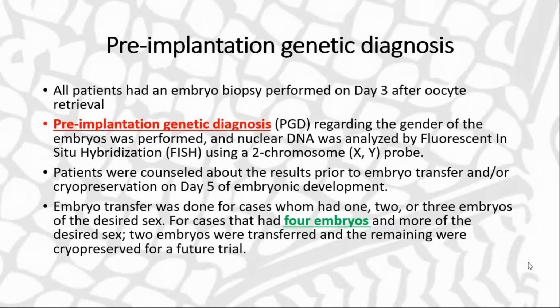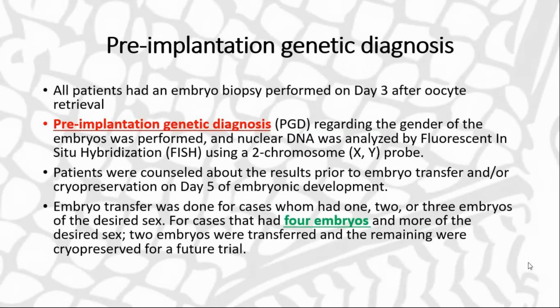We did the biopsy for the blastomere on day 3, and then PGD to detect the X and Y bearing, the female and male embryos. And of course, we counseled the patient regarding this result prior to embryo transfer and the possibility that she would not find a male as she required.